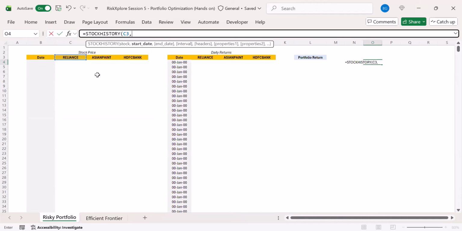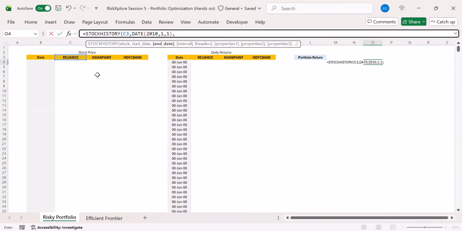Reliance, comma, start date. Let's say we want the data from year 2010, month 1 and day 1, 1st of January 2010. We want data from there. Then end date, let's say we want all the daily stock prices until today.